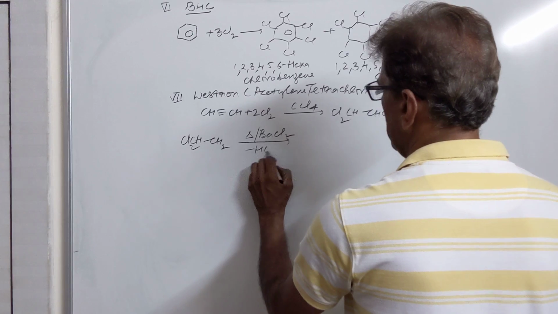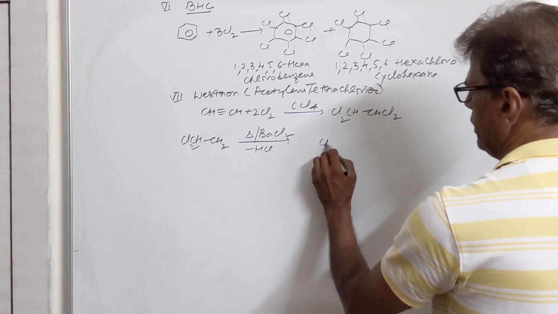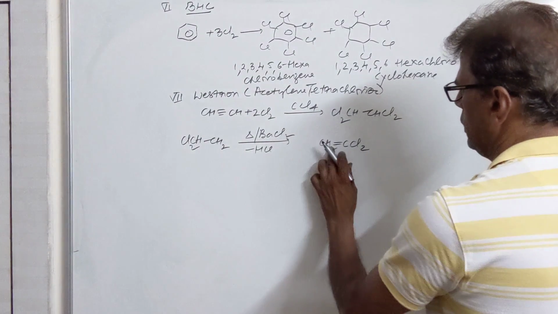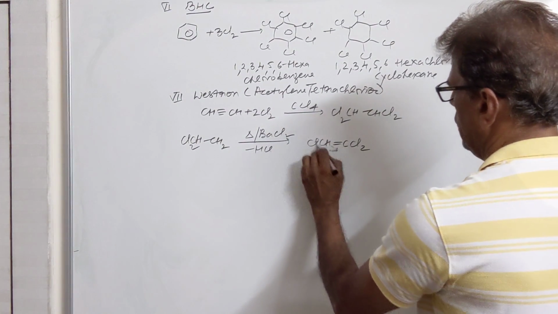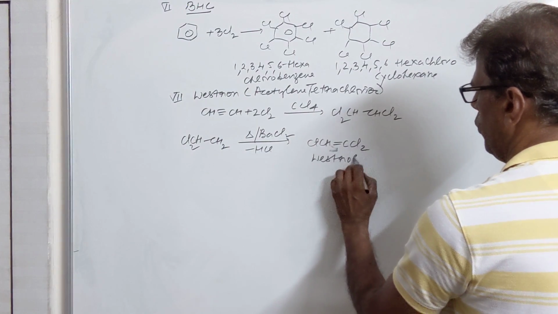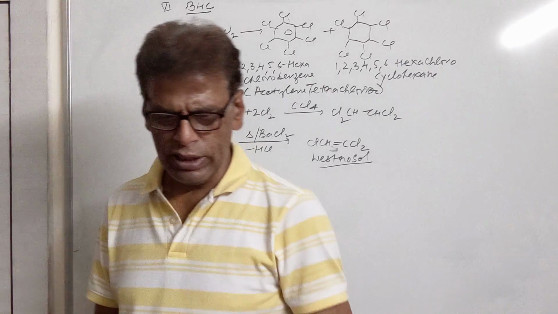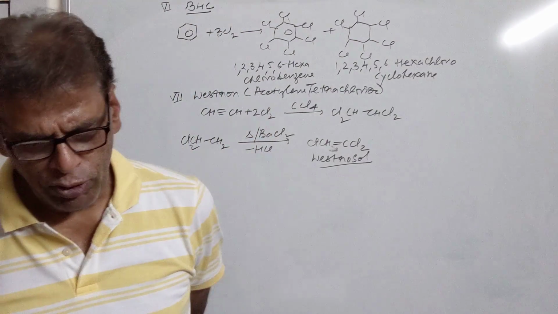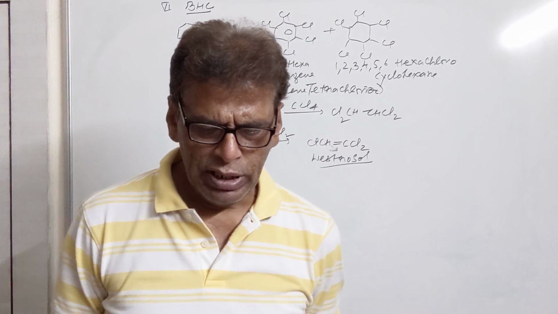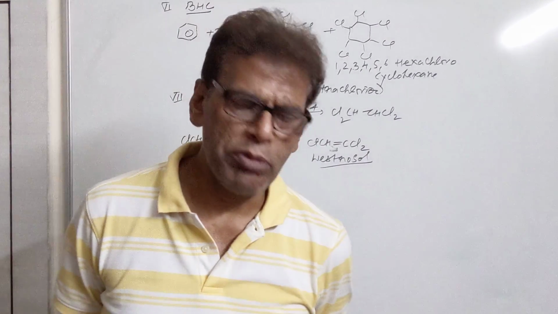It will eliminate a molecule of HCl and we will get this, your Westrosol. Both Westron and Westrosol are used as solvents for oils and paints, and they are used in the rubber industry. They are used for dry cleaning purposes.